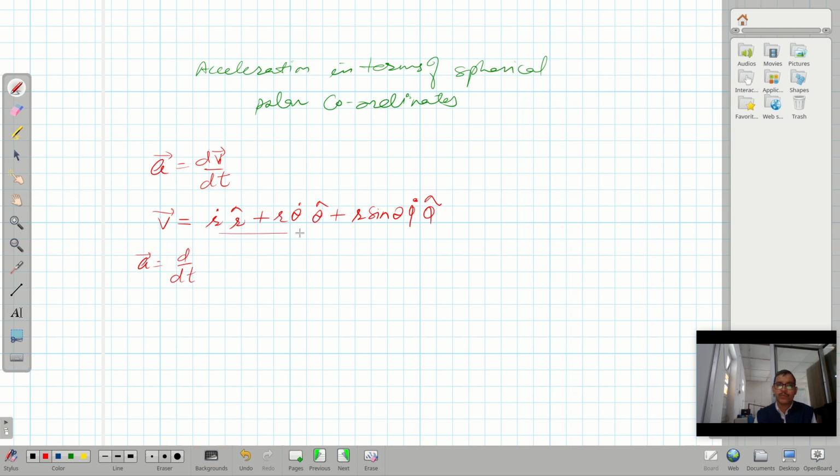The velocity is r dot r cap plus r theta dot theta cap plus r sine theta phi dot phi cap.